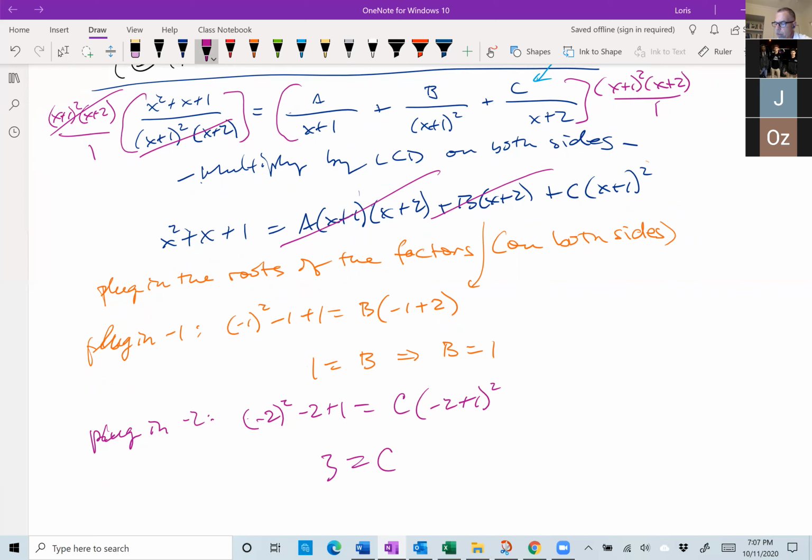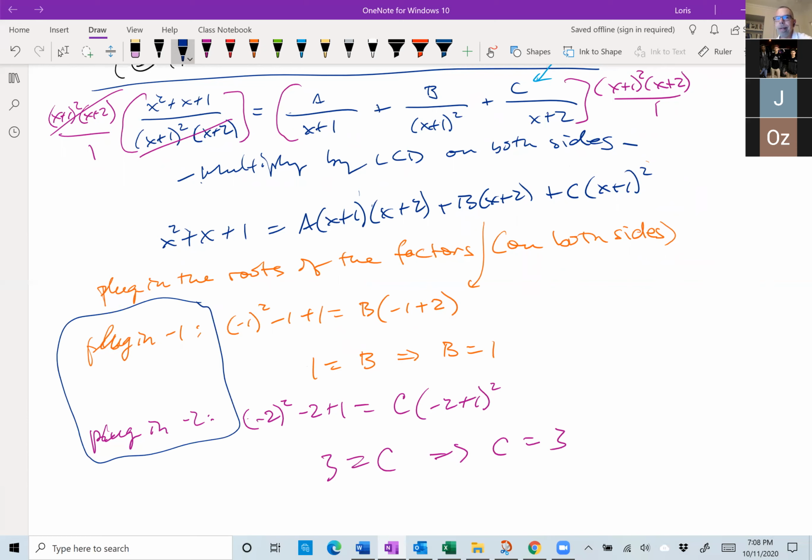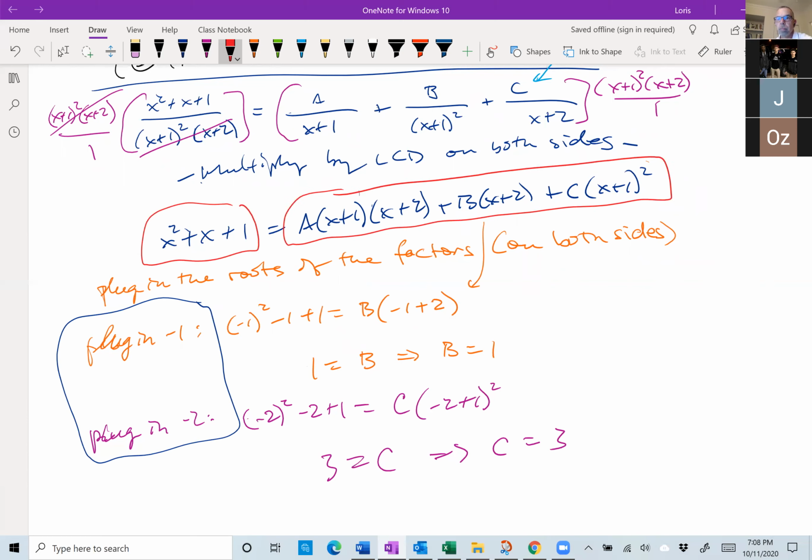Okay, and so now I can plug in what b and c are, and then plug in a different number. Now see, what I did just now was I plugged in the roots. But you can plug in any number into the left and right, and you'll get a true statement. Because when two polynomials are equal, then you can plug in numbers on both sides, and that will be equal.